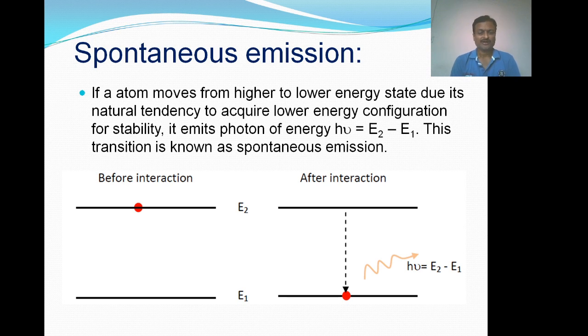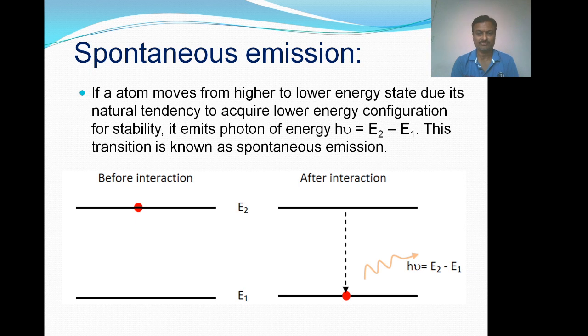This atom remains in the energy state E2 for a very short time period. Due to its natural tendency, the atom always tries to acquire the lowest energy configuration, and to acquire it, the atom immediately makes a downward transition to the lower energy state E1. During that transition, the atom releases energy equal to the energy difference between energy state E2 and energy state E1.